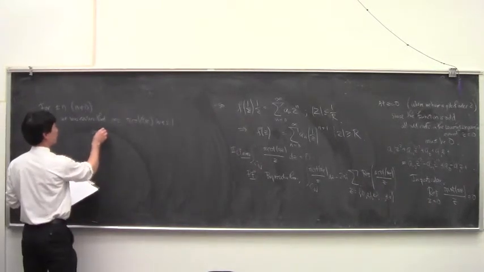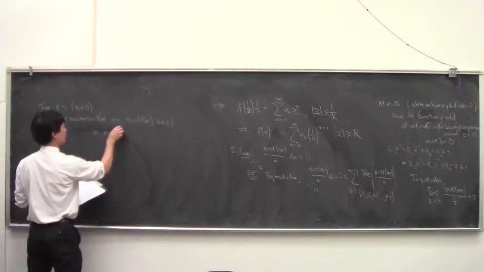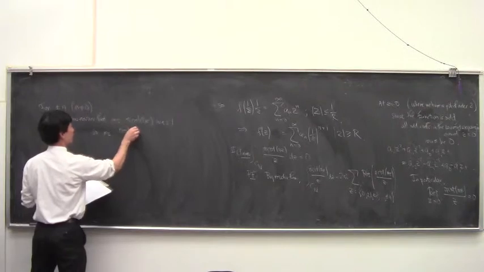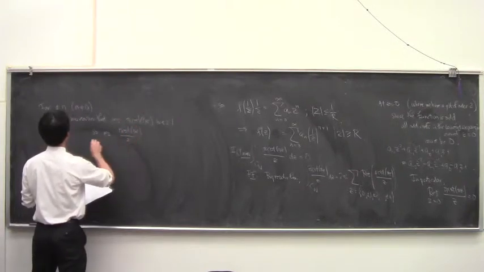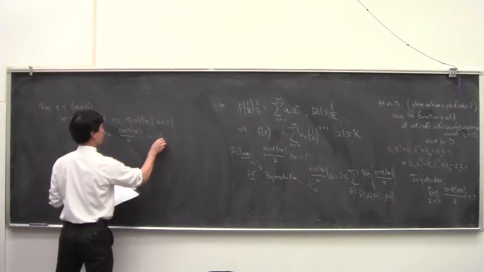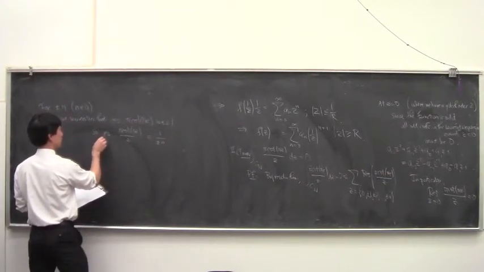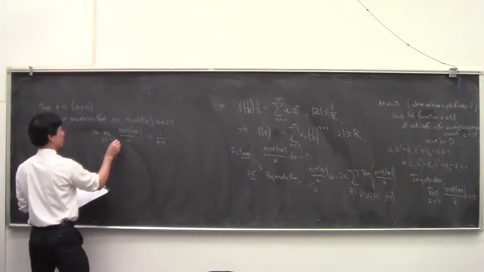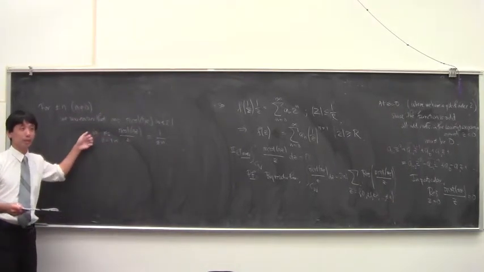So the residue of pi cotangent pi z over z at z equals plus or minus n is just going to be 1 over plus or minus n.